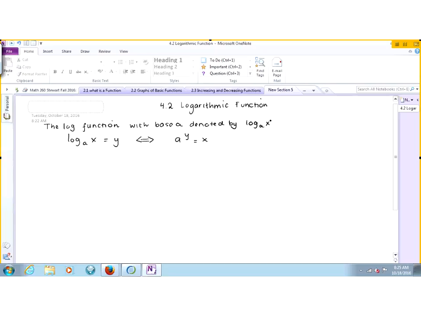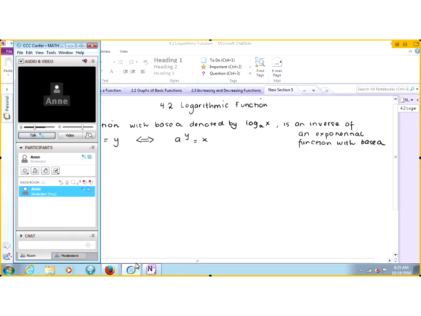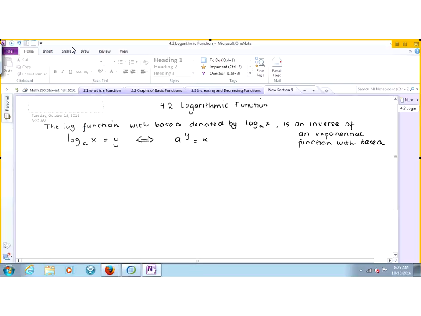So I have to write here log base A of x. The log function with base A, denoted by log base A of x, is an inverse of an exponential function with base A. All right, that's what I was going to write. So the log function is an inverse of an exponential function.